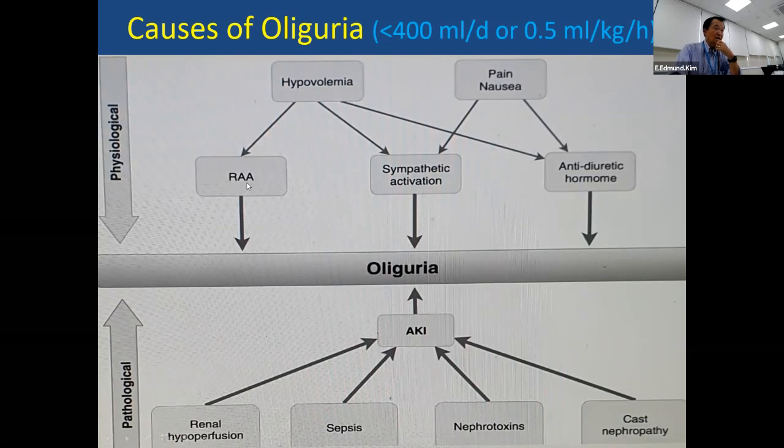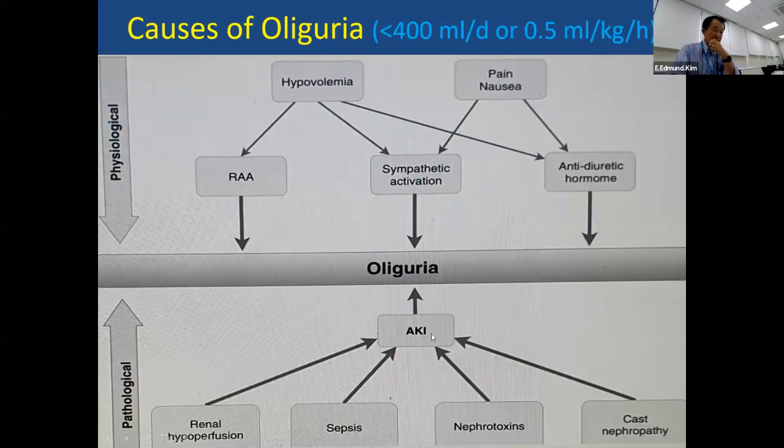So if urine output is less than 400 cc per day, that's a clinical diagnosis of oliguria. So again, you have to entertain this kind of differential diagnosis.